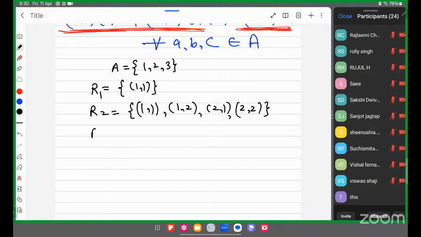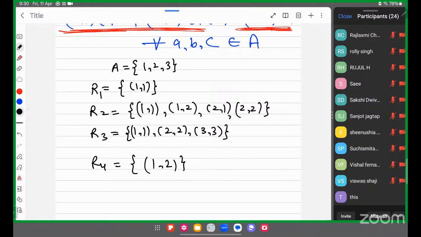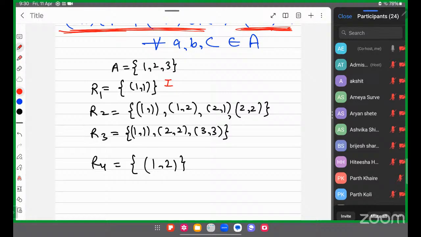Another relation R3 is {(1, 1), (2, 2), (3, 3)}. Another relation R4 is {(1, 2)}. Now you have to check the first relation. Is it identity? Yes or no? R1 is identity, yes or no? Yes, sir. Is the R1 relation identity or not?